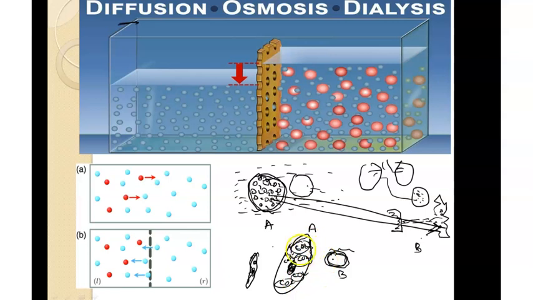This carbon dioxide will move from cell A to cell B. When there is a high concentration region and a low concentration region, only then the exchange of water or the exchange of gas will take place. The main important thing we need here is a high concentration region and a low concentration region. In between the two we should have a permeable membrane. I hope you understood, guys.